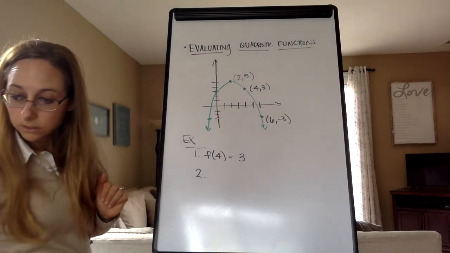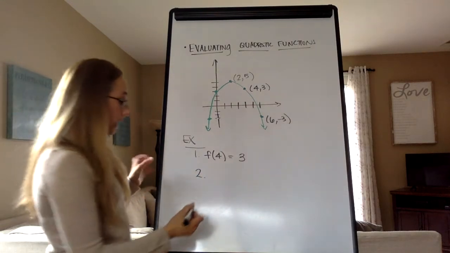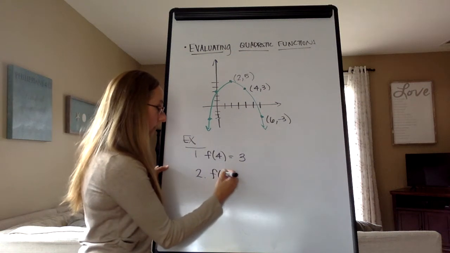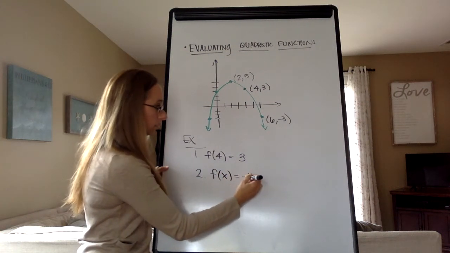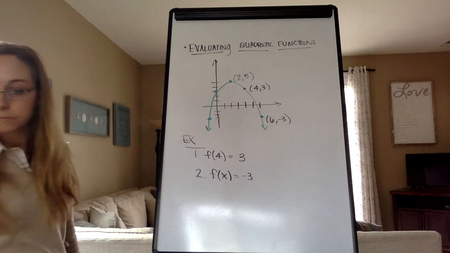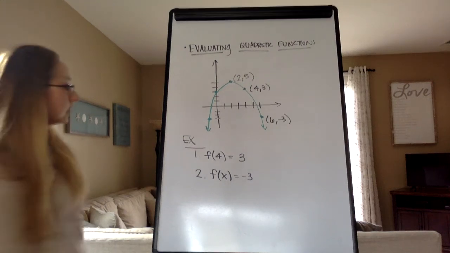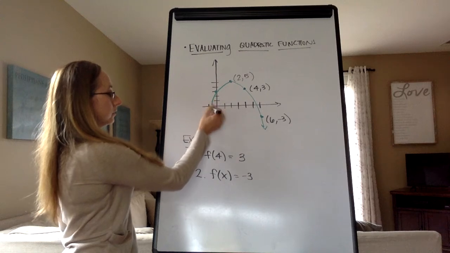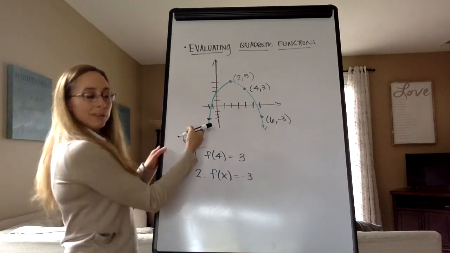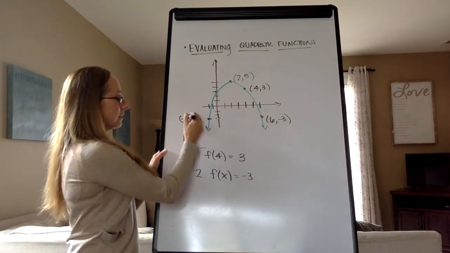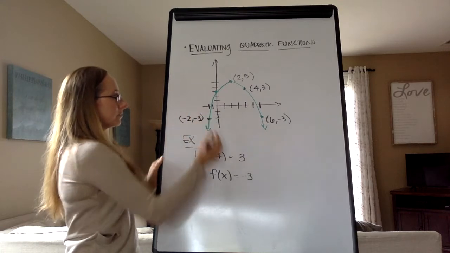Another one. We want to find x, so f of x equals -3. You need this point over here. This is going to be (-2, -3).